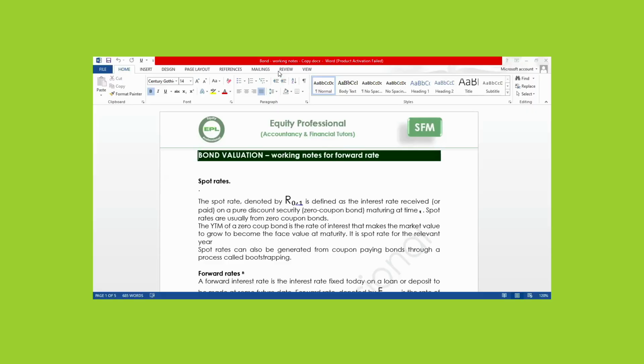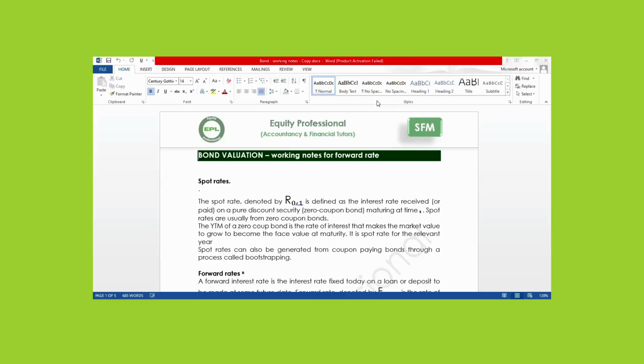This bond is issued at a price, and we need to determine how we can calculate the price of a bond.